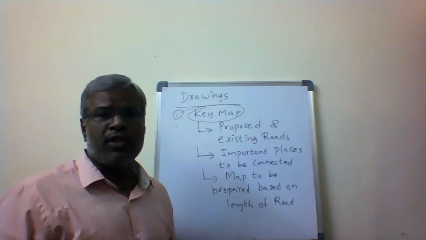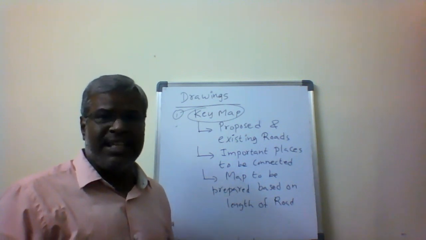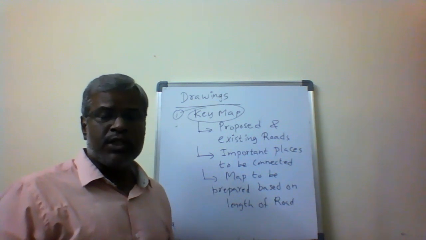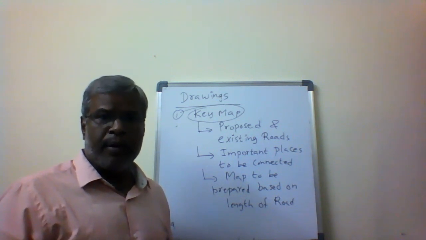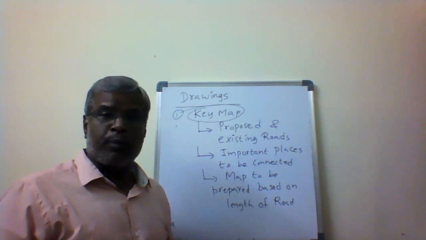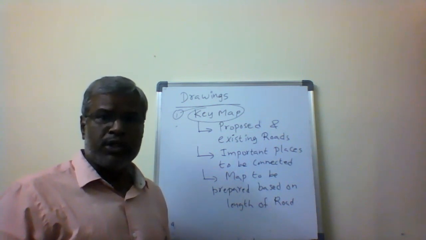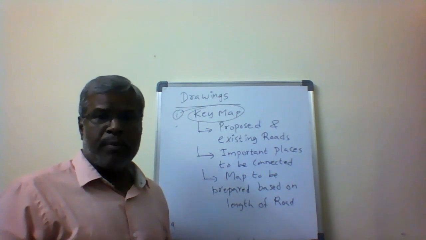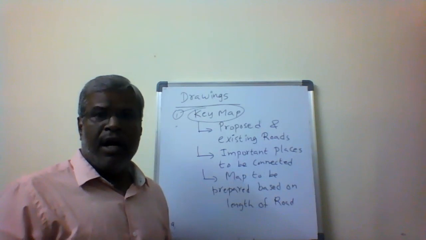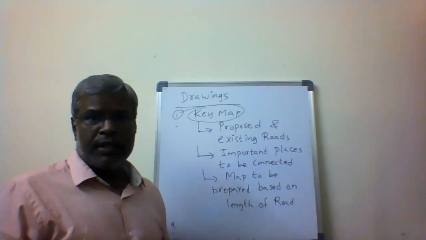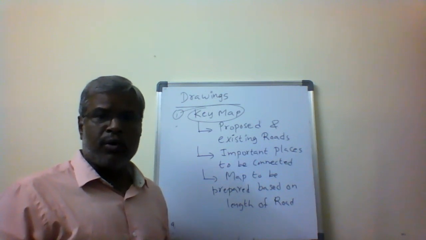Key map, the term itself is giving the meaning key. So a key role is going to be played by the map. One is the proposed road. The proposed road plan details are going to be shown in the key map, and what existing roads are there, already developed roads also, and then what places are to be connected, such that connectivity or the length of the road is going to be increased, or alternative alignments we are going to prepare.